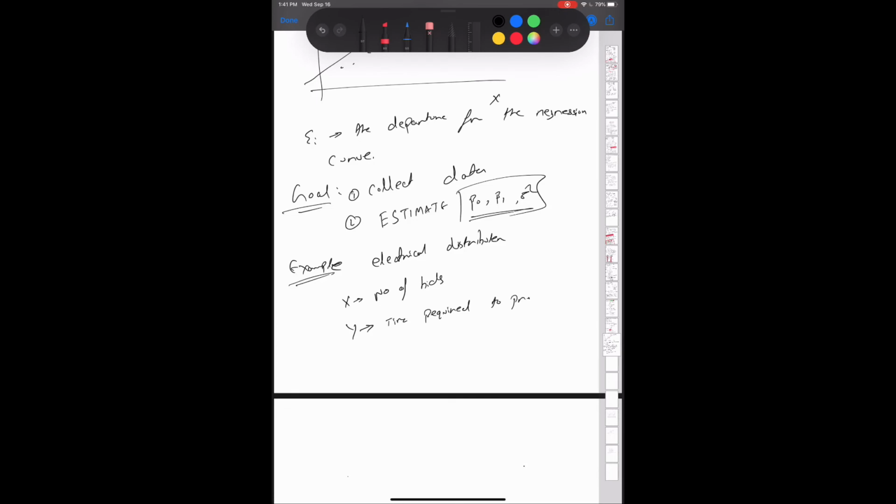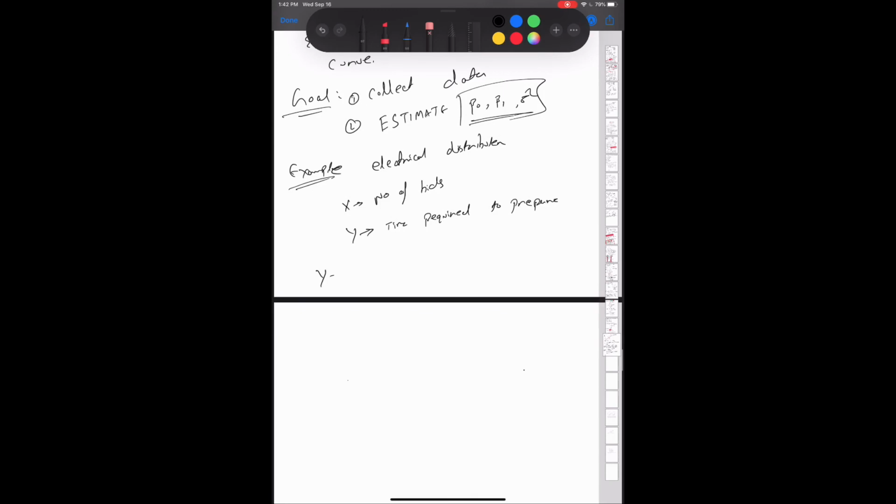So some people ask for bids from you, x is the number of bids, and it wants to understand how much time you had to spend preparing the bids. And suppose someone told you that the model for the time required for the bids is this.